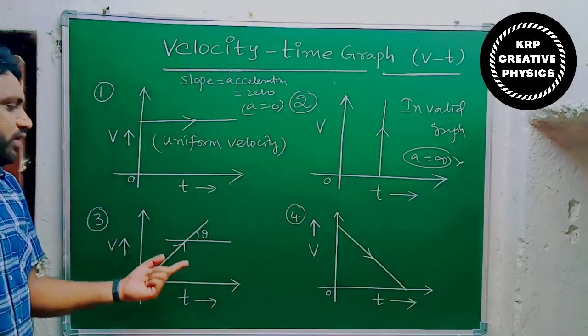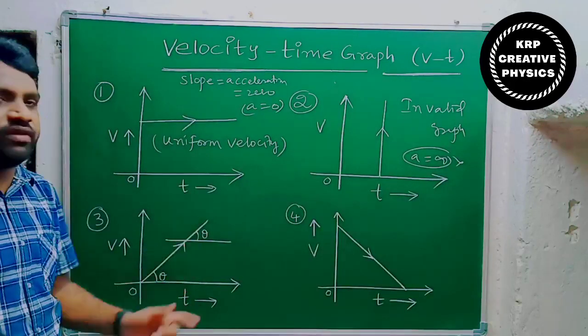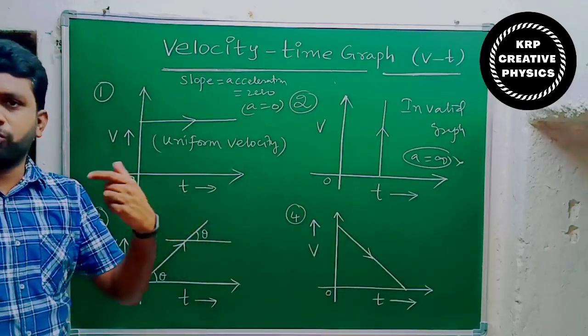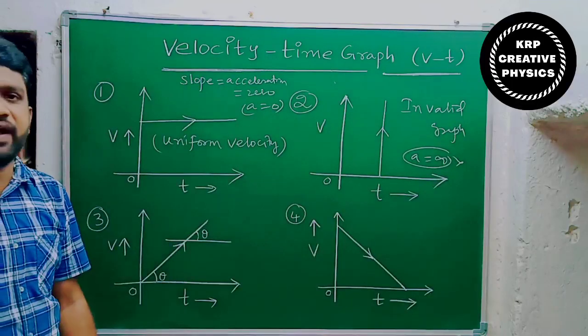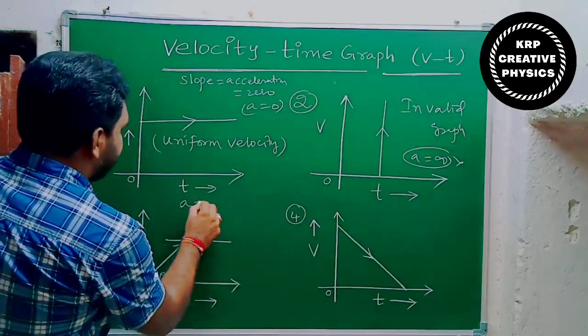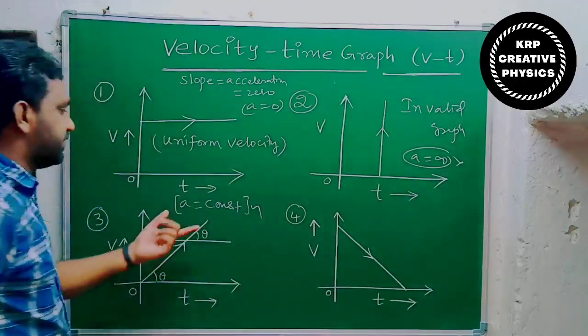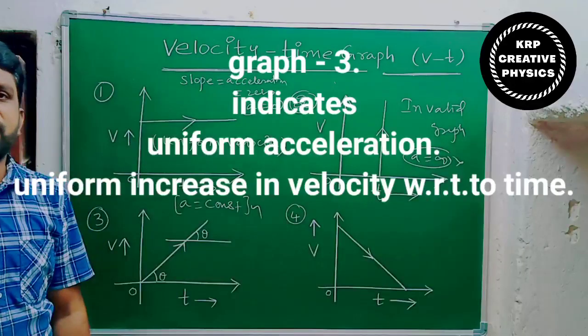When the angle made by the slope with respect to the x-axis is constant anywhere, slope remains constant. And not only that, if you get a straight line, slope remains constant. Slope represents acceleration. So acceleration equals constant. That is said to be uniform acceleration. This particular graph represents uniform acceleration.